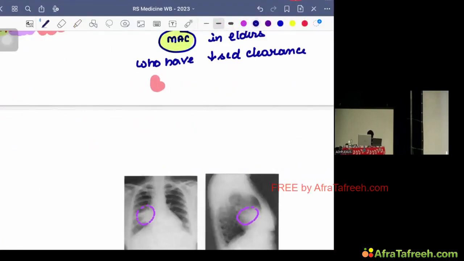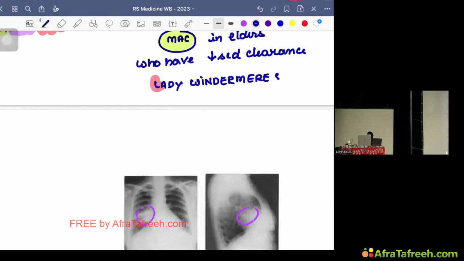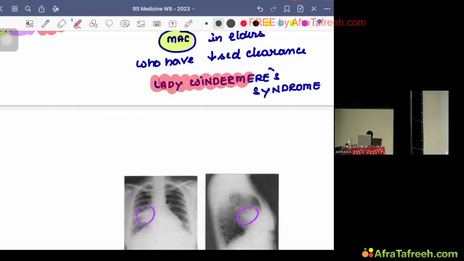Lady Windermere syndrome. So this is based on the novel character, and they label this condition as Lady Windermere syndrome.